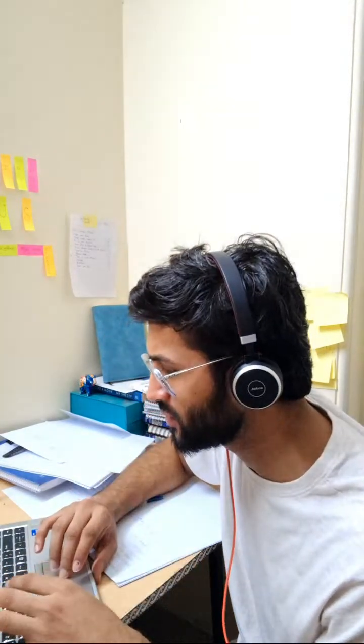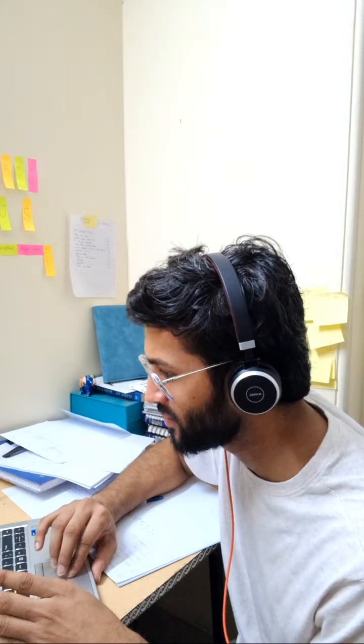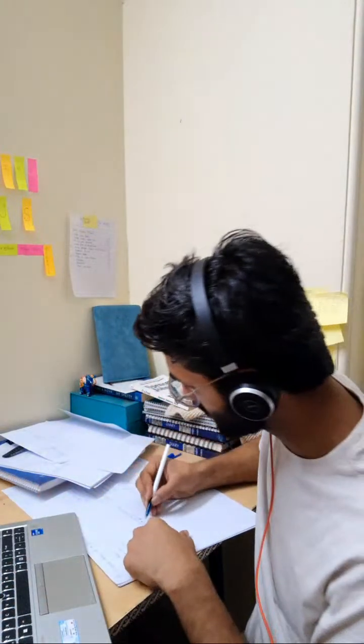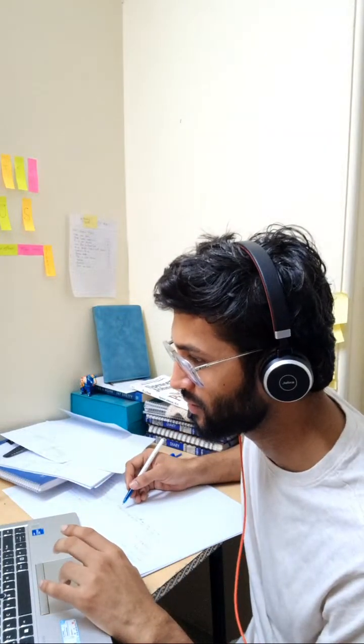So if count equals 0, let node next equal temp dot next. So we will store the next node to the current temp. Cool.